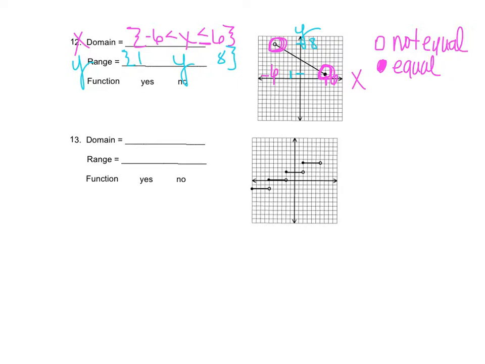That's when we're having to set up an and statement. 1 is less than 8. Notice when y is 1, it's this point, which is closed. So it includes 1, but it doesn't include 8. If you use the vertical line test, it's only intersecting one point, so this would be a function.